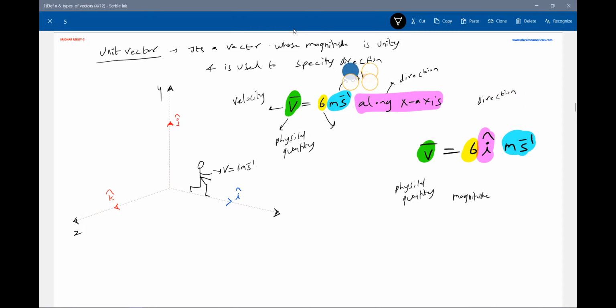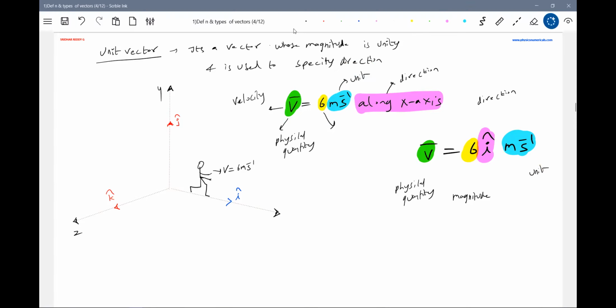And this particular thing is the unit of a physical quantity. So these are the ways in which we are expressing our vector. So what is that? I cap is a unit vector.